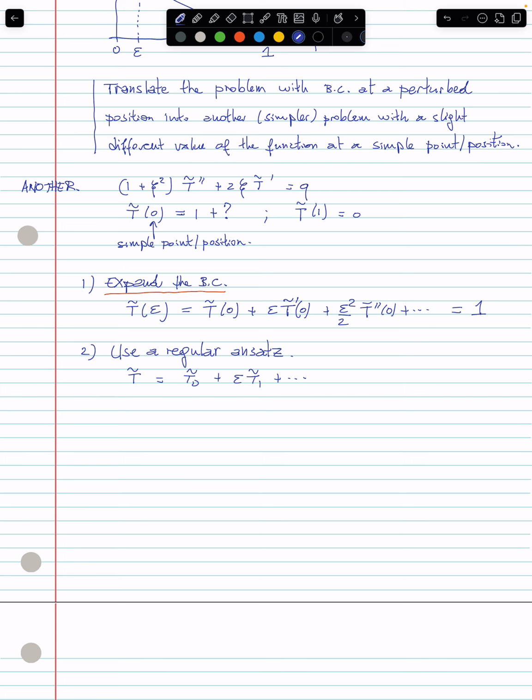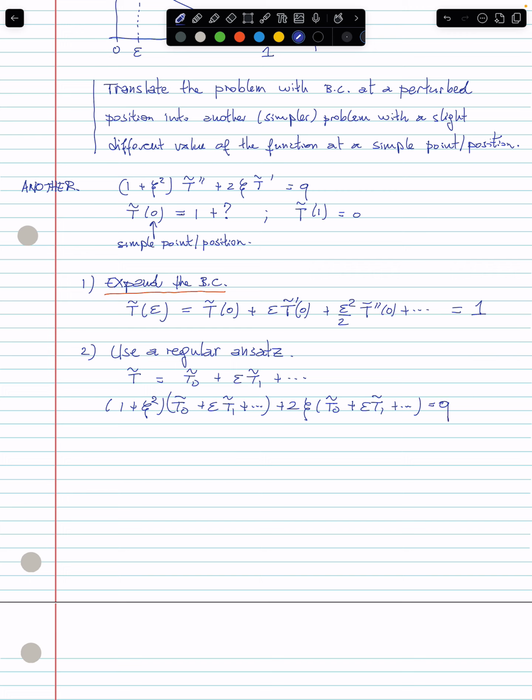The governing equation is linear in t tilde, so that's quite easy. We have 1 plus xi squared times t0 plus epsilon t1 and so on, plus twice xi times epsilon t1 and so forth, is equal to q. All right, so that's the governing equation.